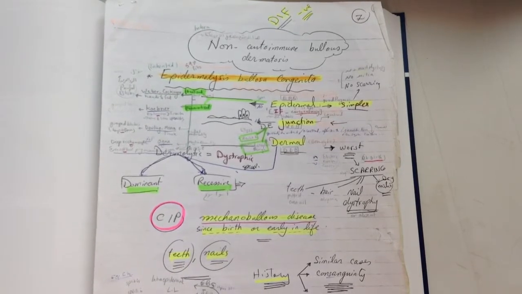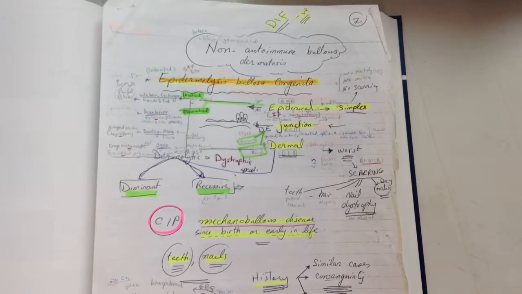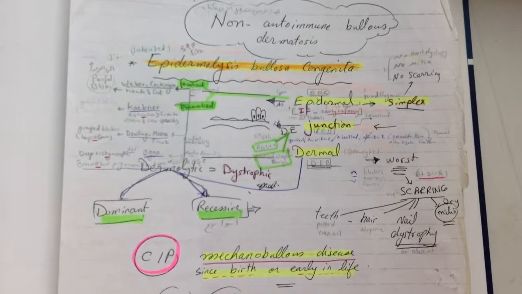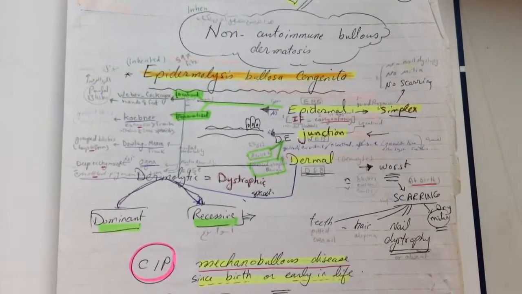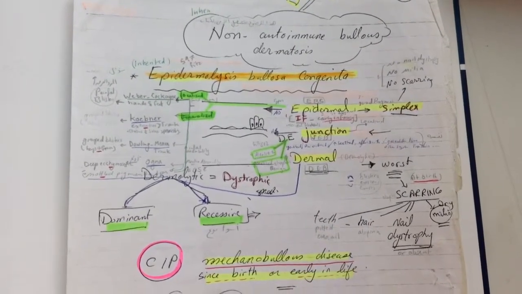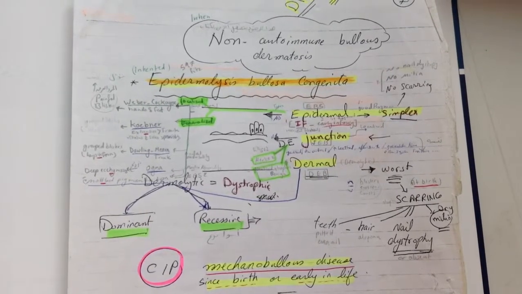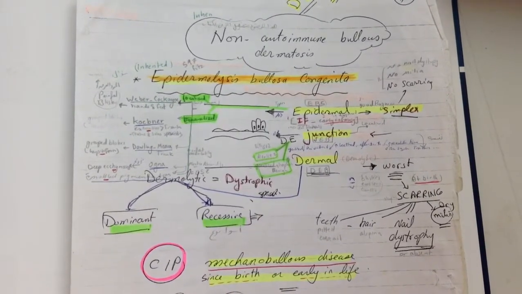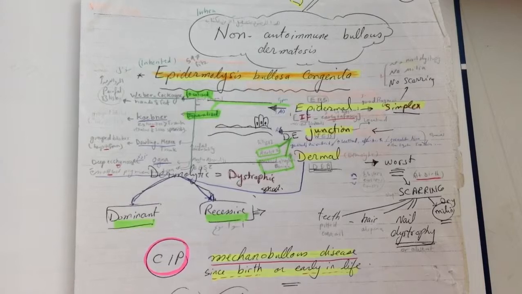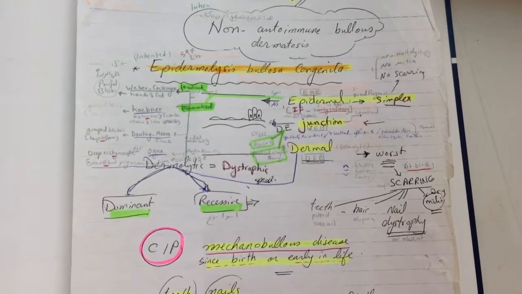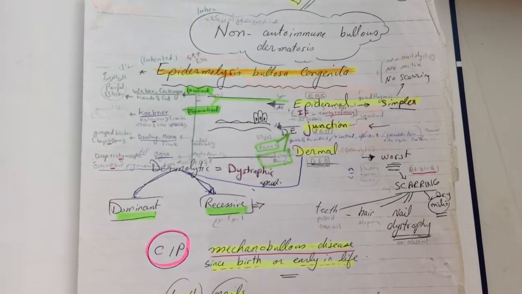In epidermal simplex, there is no nail dystrophy, no milia, no scarring, with good prognosis. It is a defect in intermediate filaments, first diagnosed in early infancy.